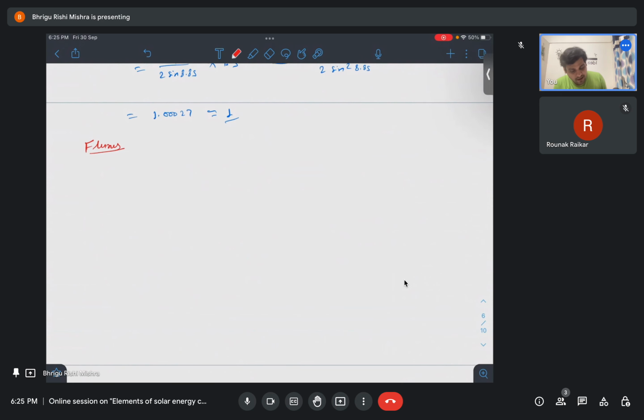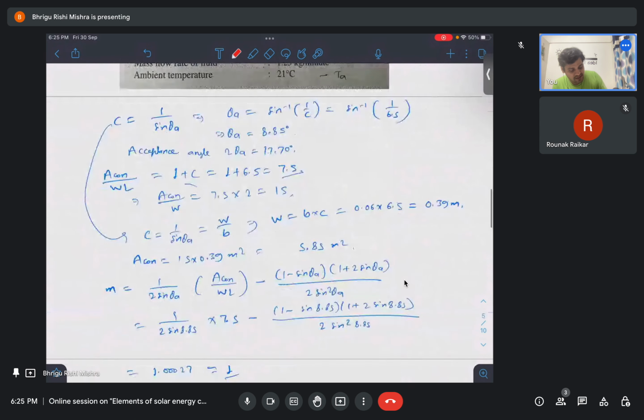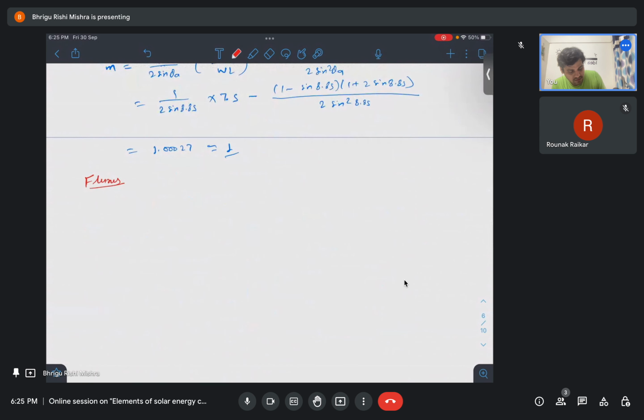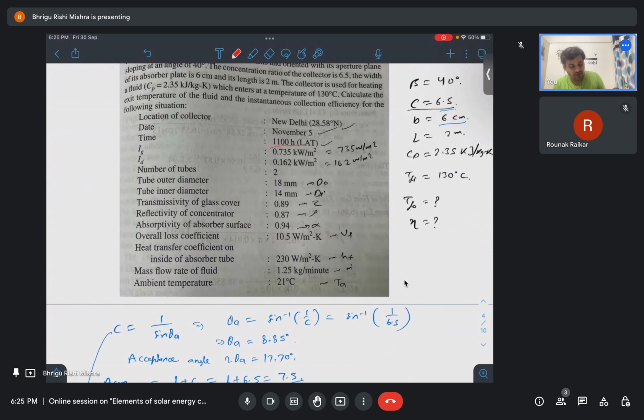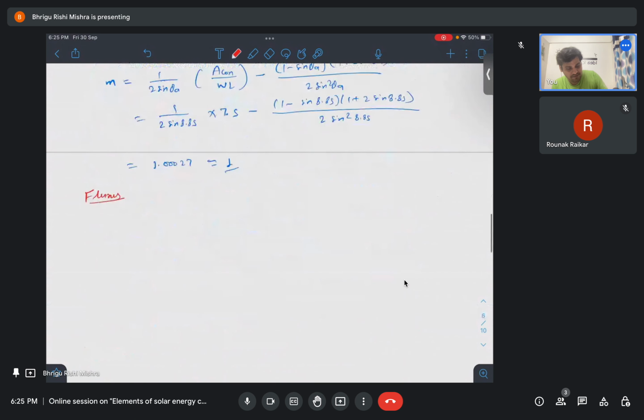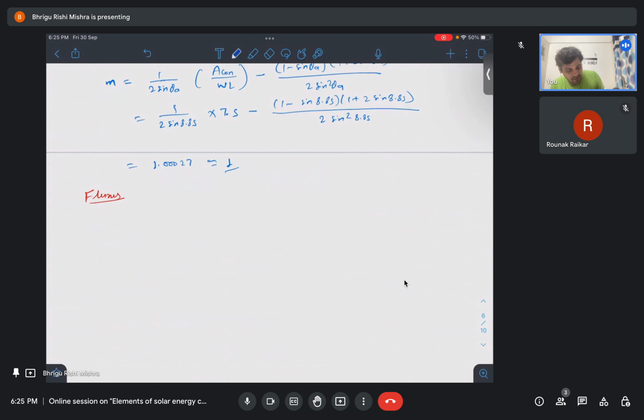So here time is given, 11 hour, LAT is given. First we need to calculate n. So it is November 5. For November 5, n equals 309.